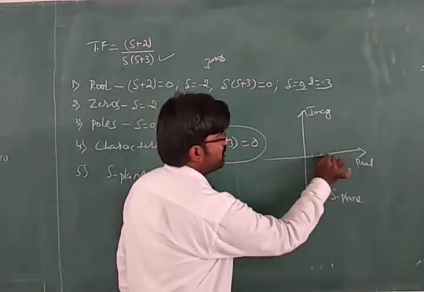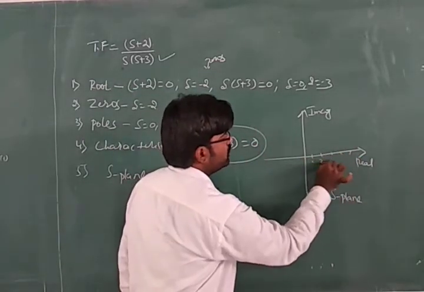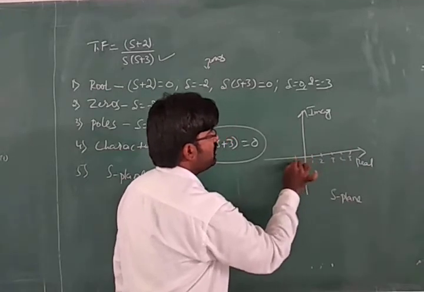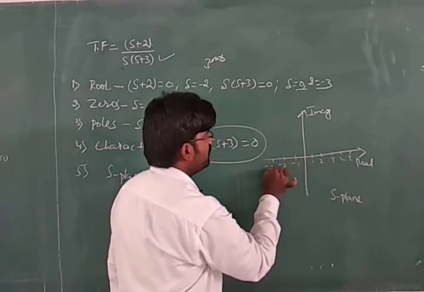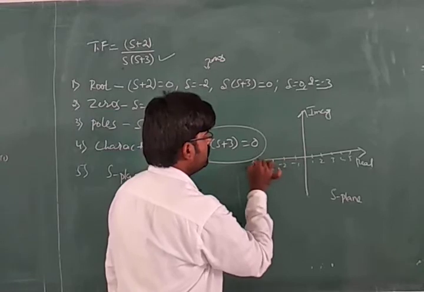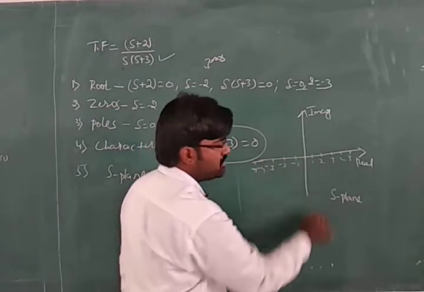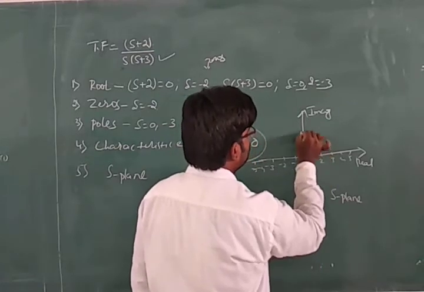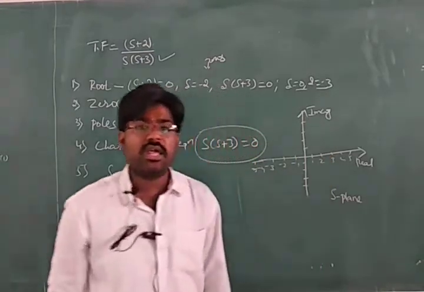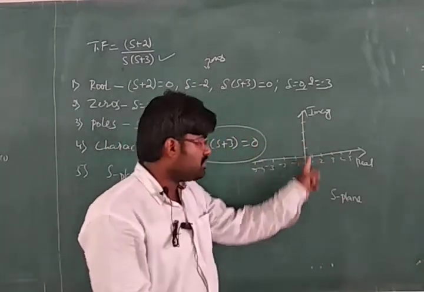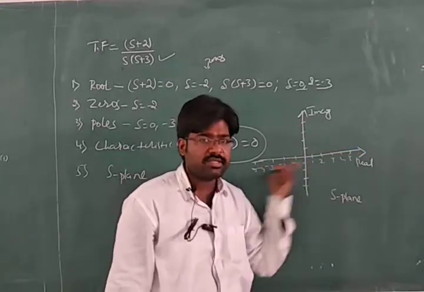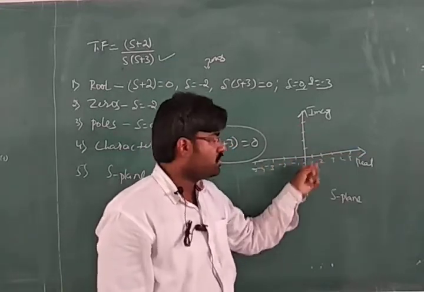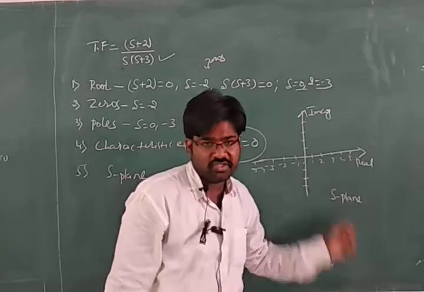Here we have positive values 1, 2, 3, 4, 5, and here negative real values. On this axis we show imaginary values, in terms of i and j. So this is the imaginary axis, this is the real axis, with positive and negative, positive imaginary and negative imaginary.